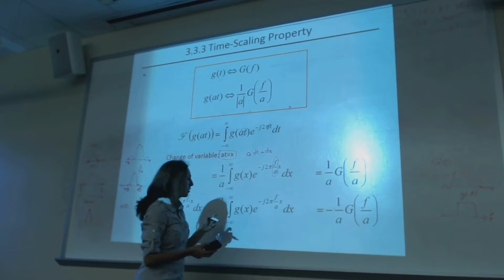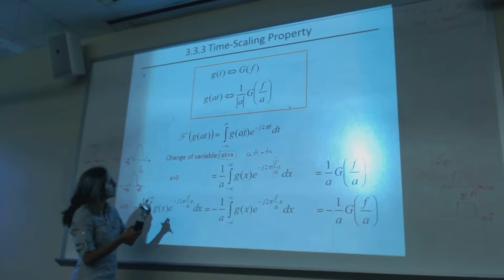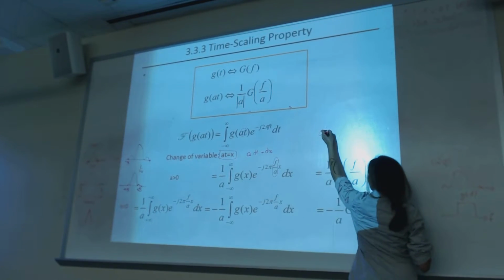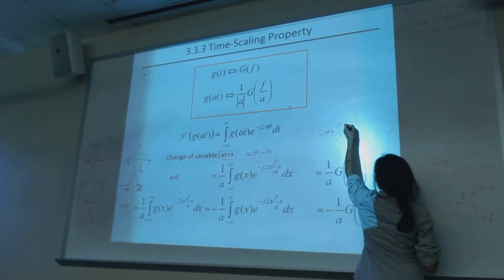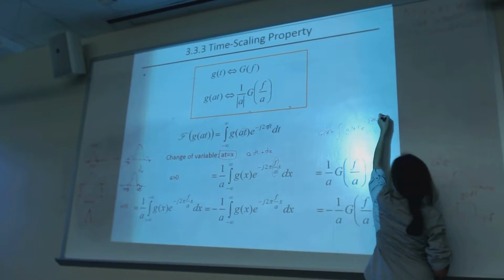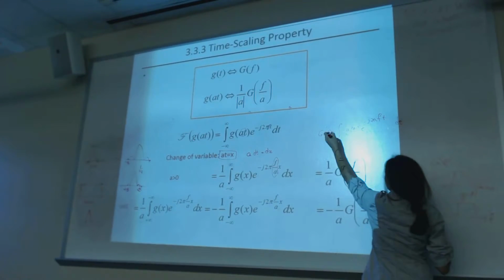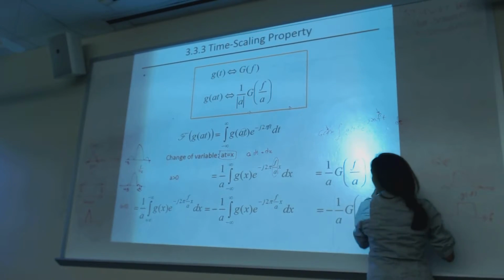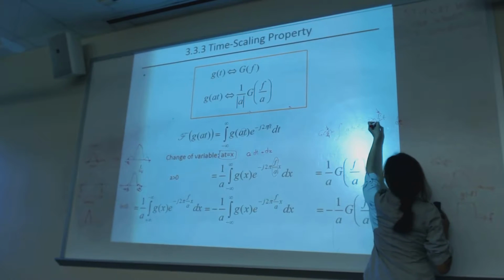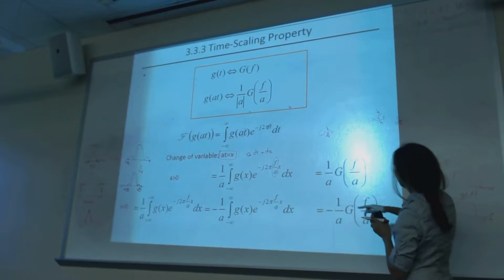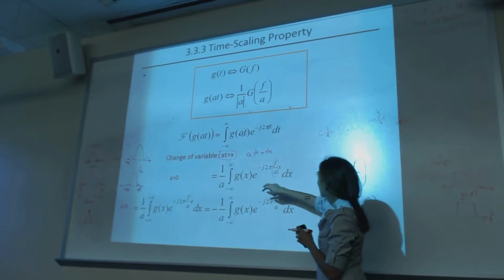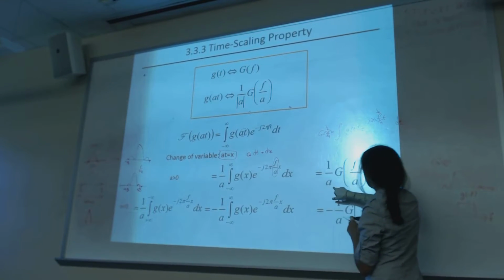If you compare it with the definition of the Fourier transform, integral of g of t e to the power minus j 2 pi f t dt, this is f. Now here, instead of f, I have f over a. So f over a, f over a. That's how you get G of f over a, because here you have f over a, and then you have 1 over a here as well.